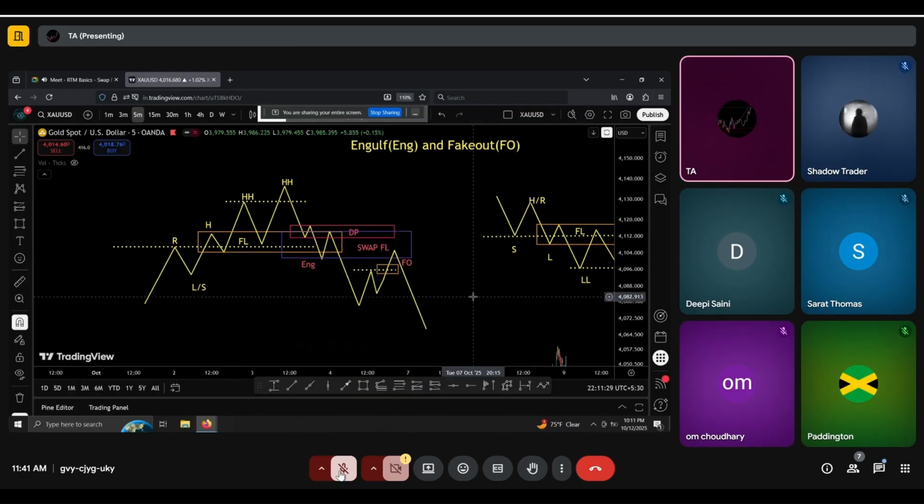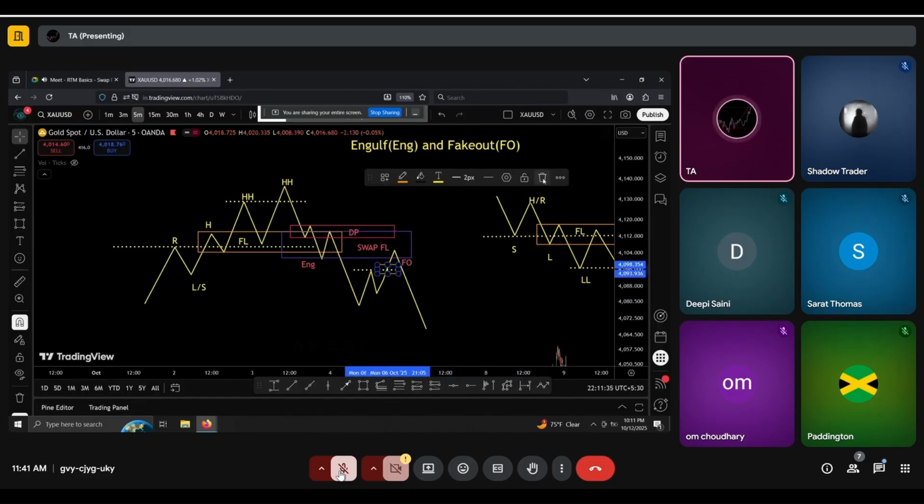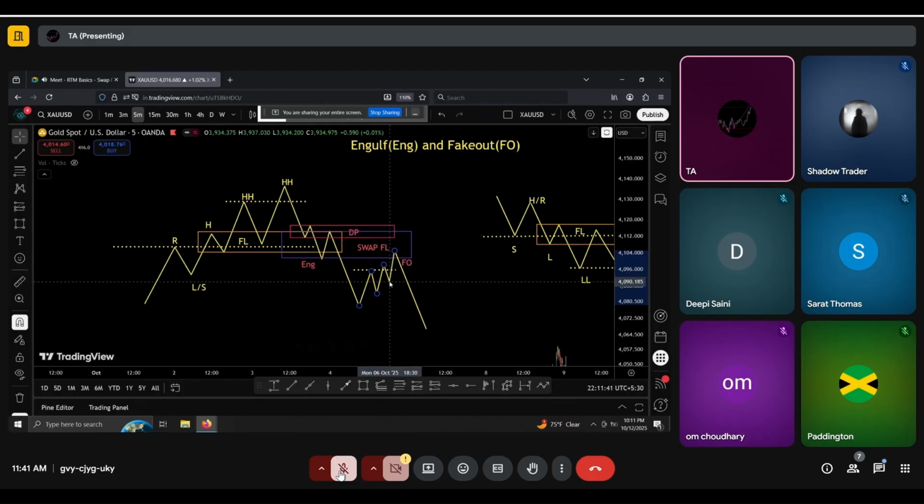Do you see this? Even there can be FL as well. How? You see that price goes up, right? Pulls back, right? So what is happening here? There may be a level here. There could be a level here. Here, when price crosses this level, pulls back, then what happens?